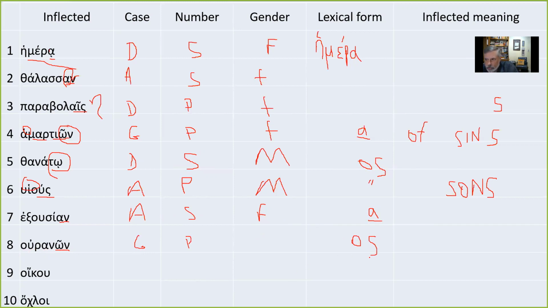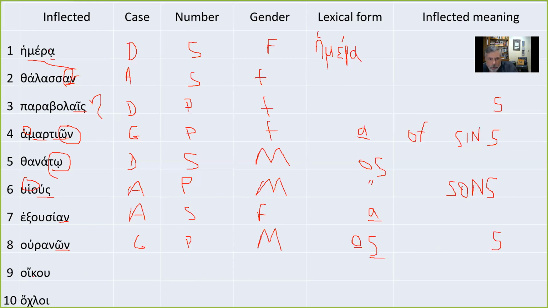Well, there's my sigma ending for the masculine with the omicron stem ending. So this is going to be a masculine word from ouranos, and it means of heaven, because it's genitive, and it's of heavens plural. Just don't forget of heavens plural.